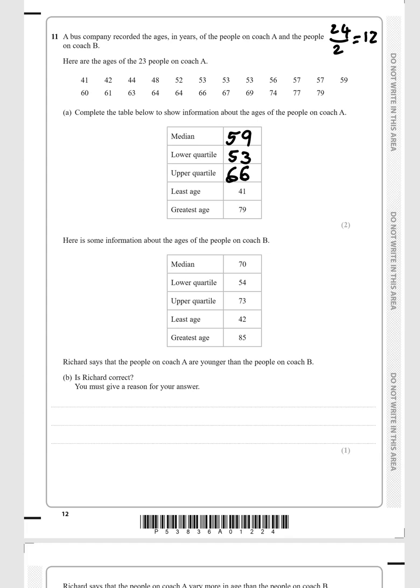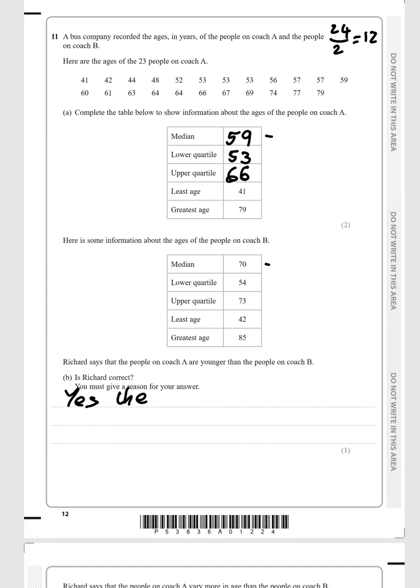Now, here is some information about the ages of people on coach B. Richard says that the people on coach A are younger than the people on coach B. I think on average he's correct. So, is he correct? Yes.